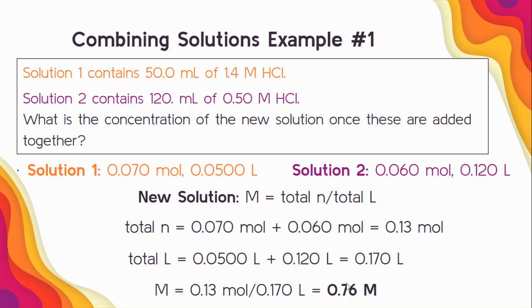But it's a nice way to check. It should be closer to the solution that you have a higher volume of. So it makes sense that it'd be closer to the second solution's concentration because I added more than double the amount of solution 2 compared to solution 1.